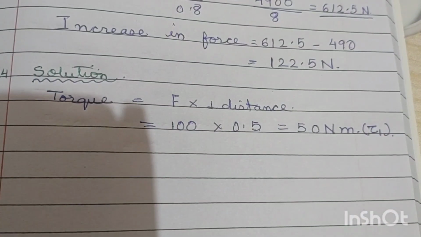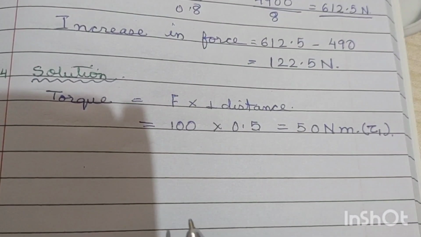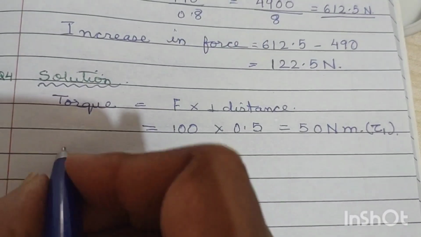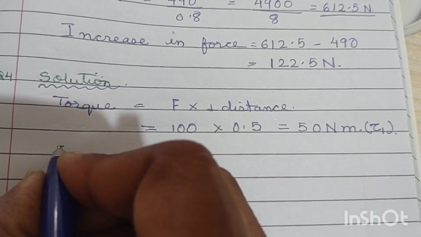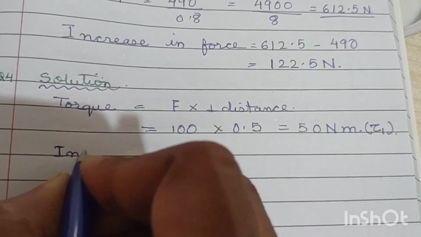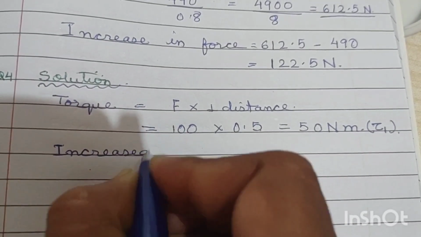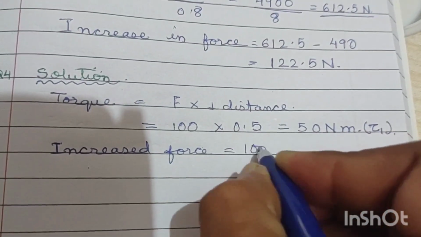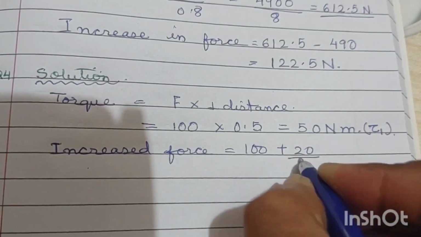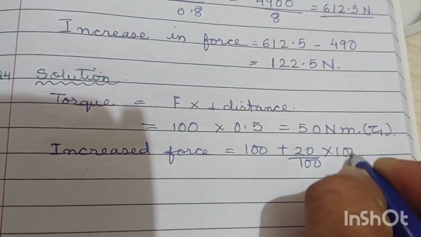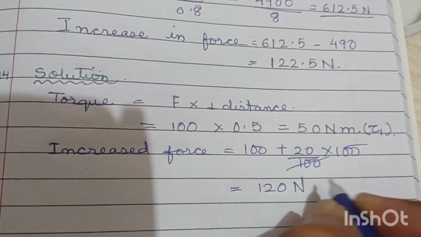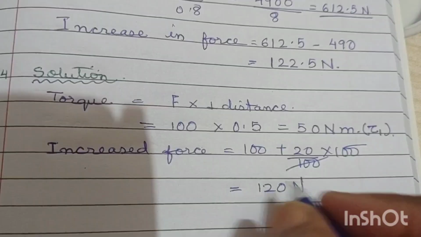Okay. Now in the next case, mechanic increases the force by 20%. So here the increased force is 100 plus 20 by 100 into 100, that is 120 Newton is the force.